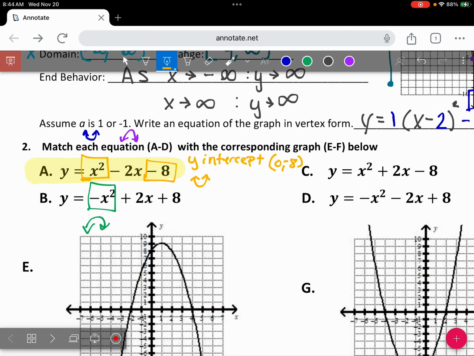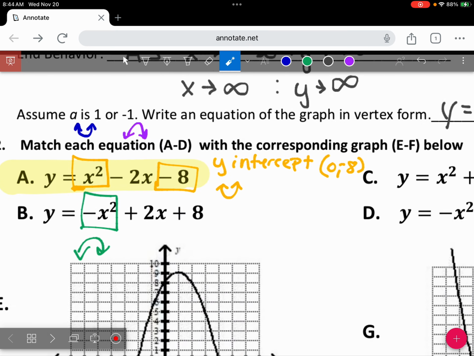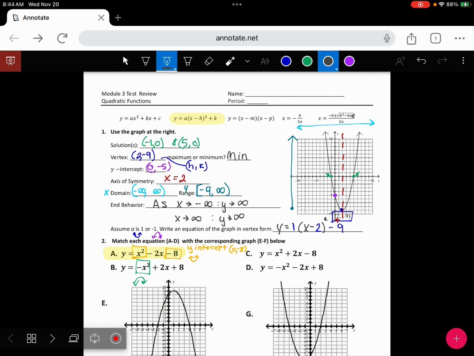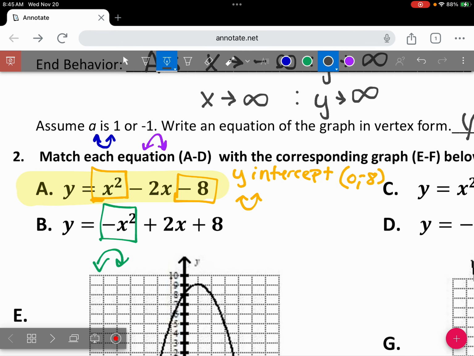So what we can do, since I don't have enough to tell between these two happy face parabolas because they both have intercepts at -8, is look at my axis of symmetry. That equation is up at the top in our formulas here, and it is one we give you. It's the littlest one. So we're going to find our axis of symmetry, which happens at x equals the opposite of our b, over 2 times our a.